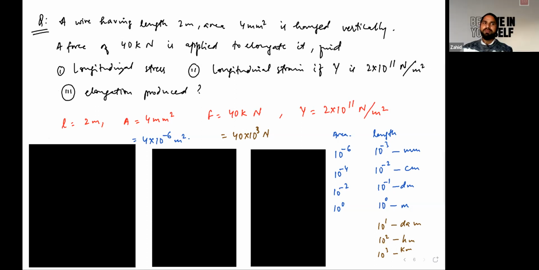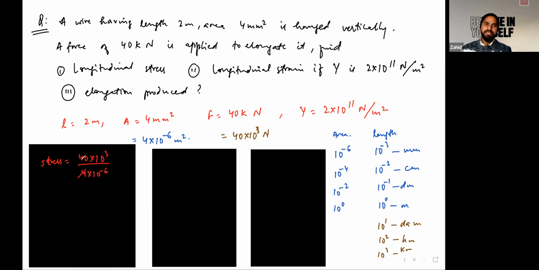Suppose for the first part, if you want to calculate longitudinal stress, stress will be equal to force divided by area of cross section. We have force 40 into 10 to the power 3, and area of cross section is 4 into 10 to the power minus 6.